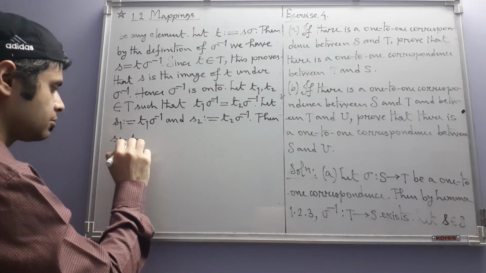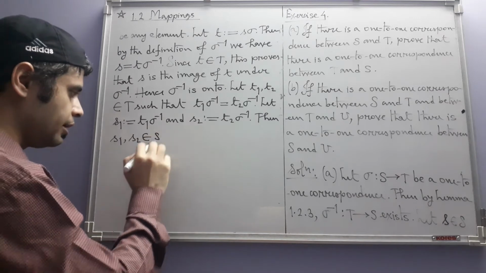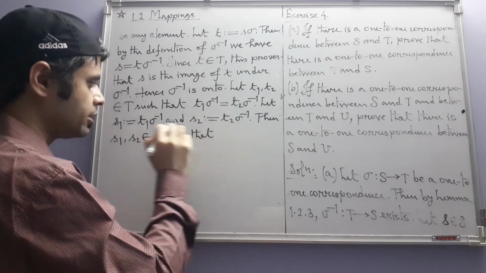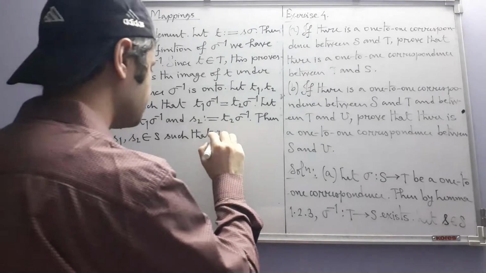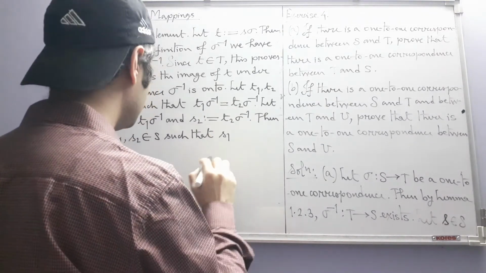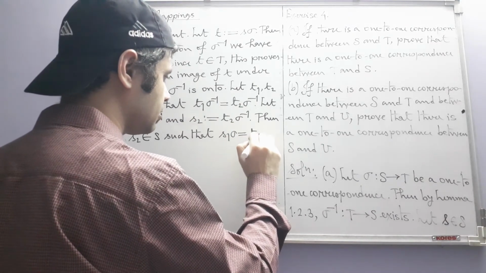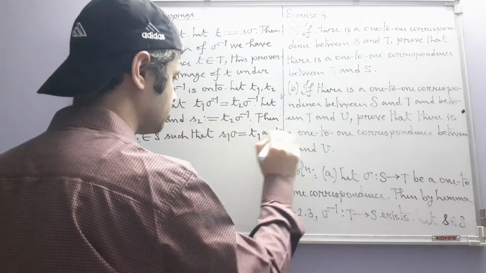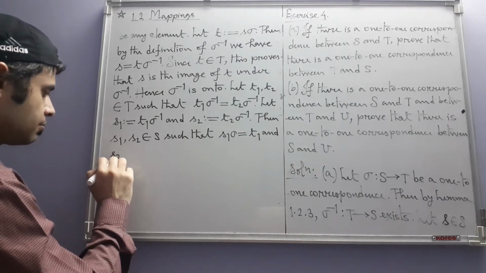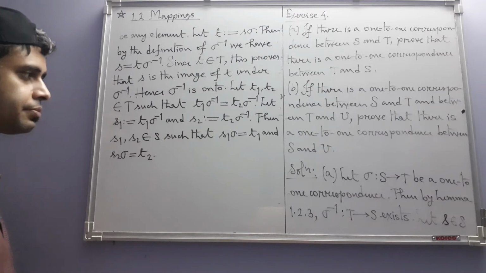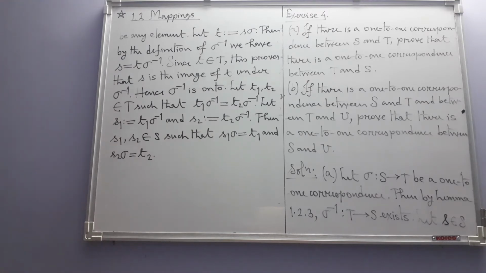Then s1 and s2 are elements in S such that, according to the definition of inverse mapping, s1 sigma is t1 and s2 sigma is t2.